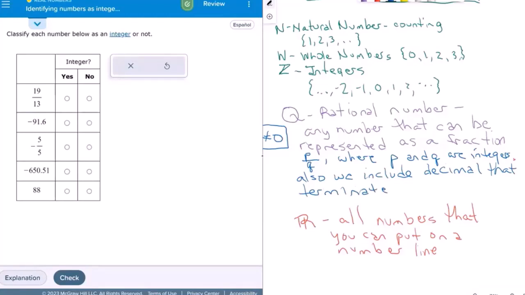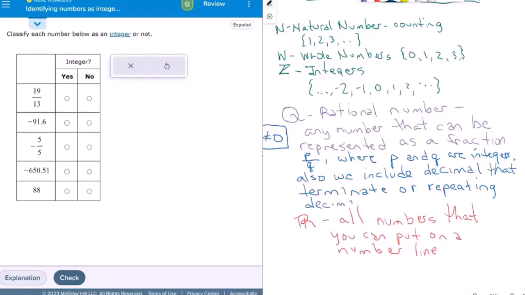It ends. Or repeating decimals. So if you were to take 1 divided by 3, which is 1/3, you would see that it's 0.33333, and it never ends. It just goes out to infinity as threes. Those do count as rational numbers because they also can be represented as a fraction, 1/3.